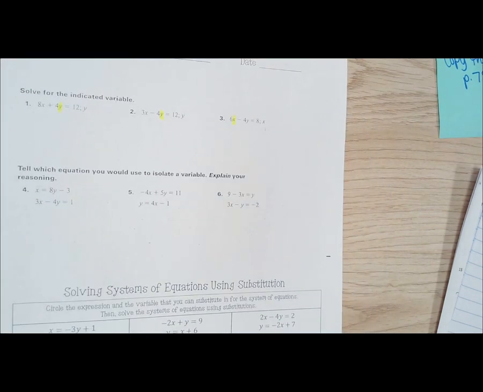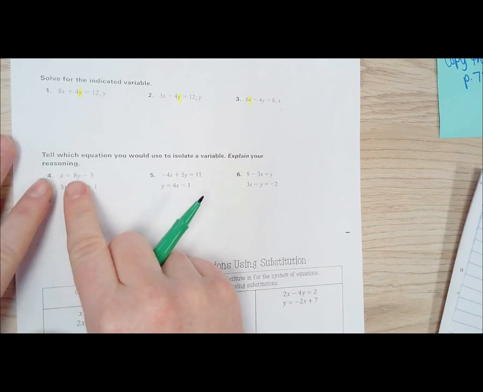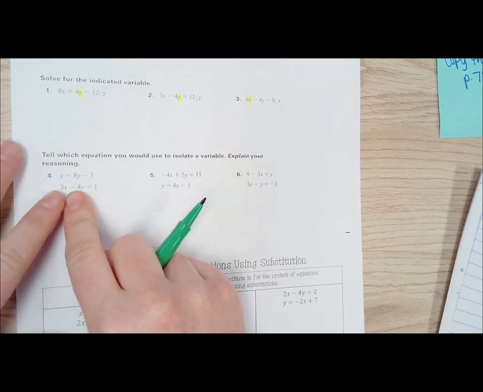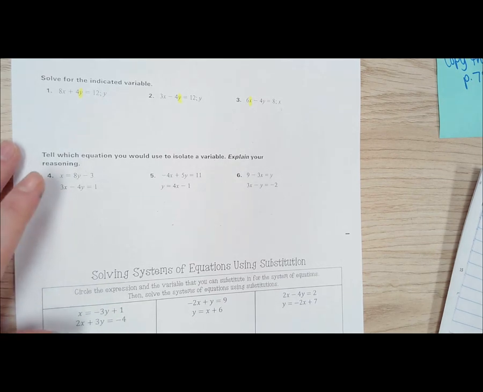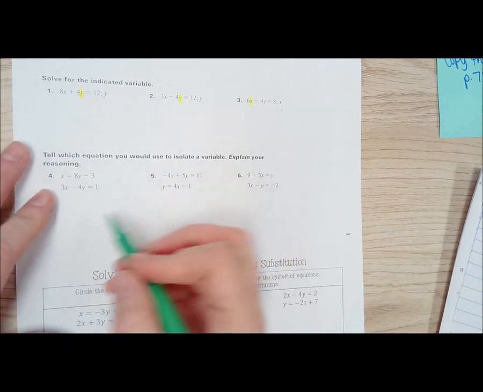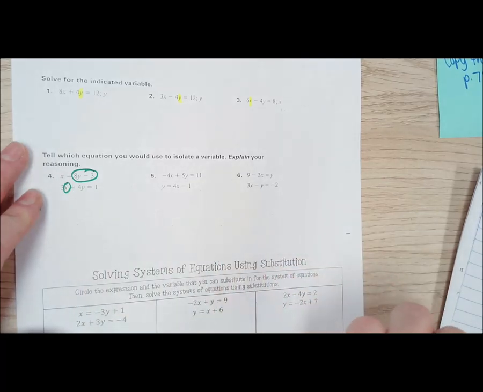Okay, number 4 through 6, tell which equation you would use to isolate a variable. Explain your reasoning. So this one says x equals 8y minus 3, 3x minus 4y equals 1. So what this means is I'm going to substitute in this for x, right?